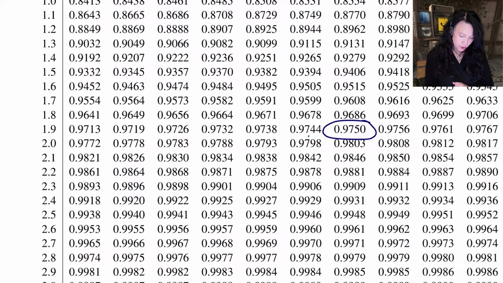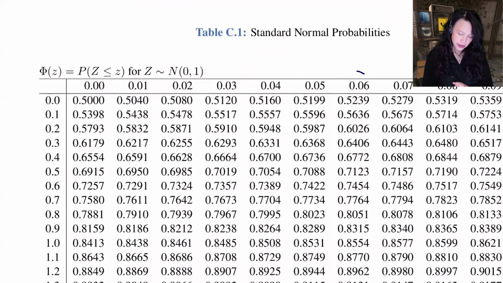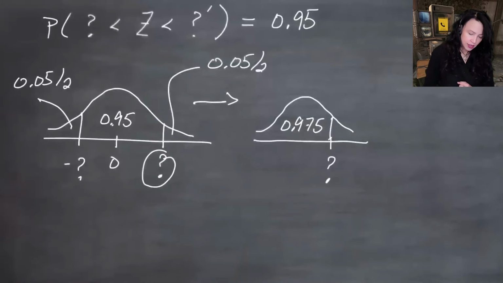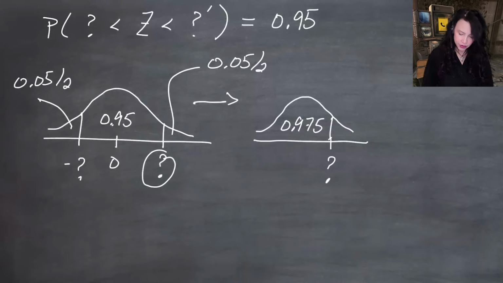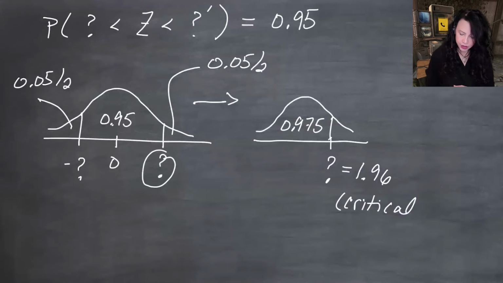But going back to the row header and the column header, we see that is the number 1.96 for the standard normal distribution that cuts off area 0.975 to the left. So this number is 1.96. This again is a critical value.